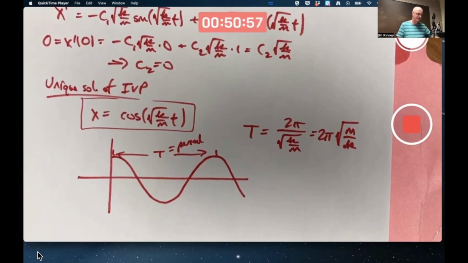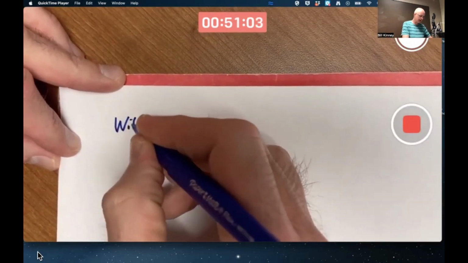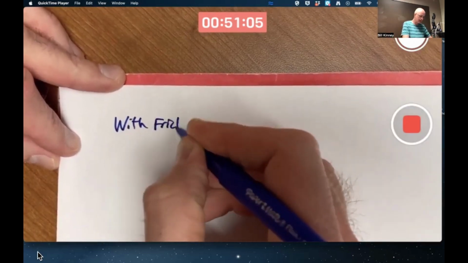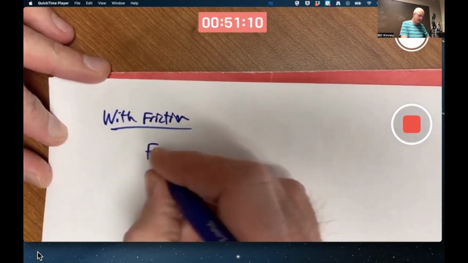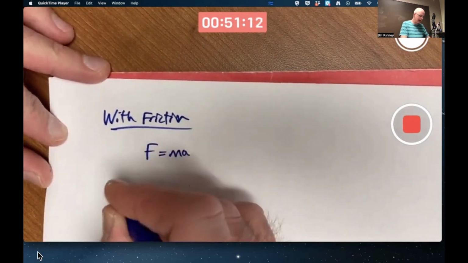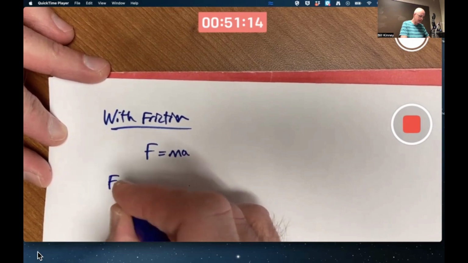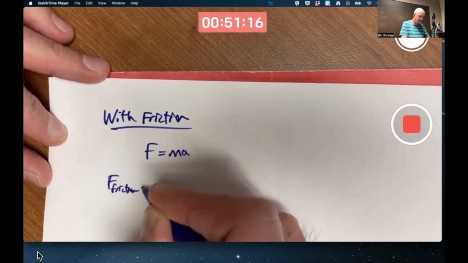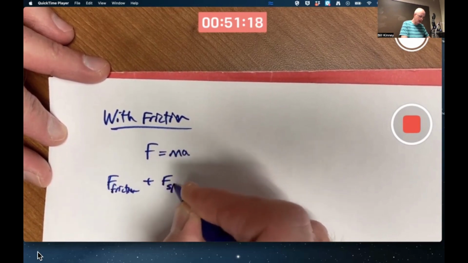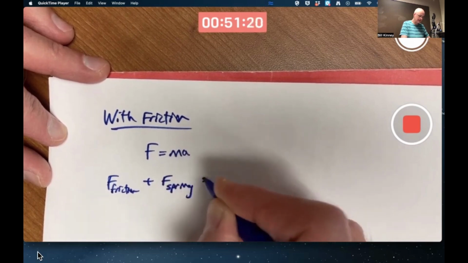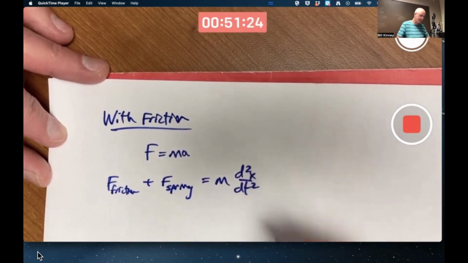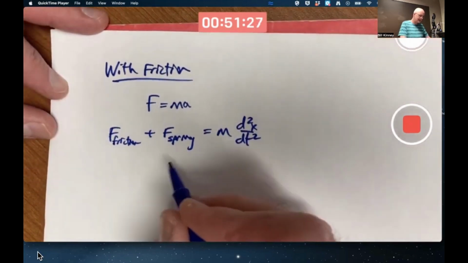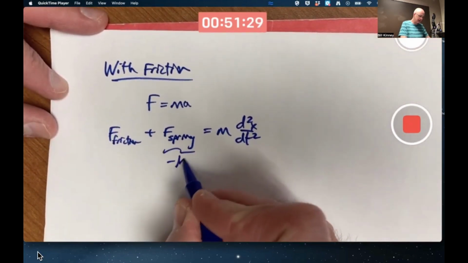What if there's friction? With friction, no vacuum anymore, no ice. F equals ma becomes, now we do have a friction force, but also the spring restoring force. The acceleration is still the second derivative with respect to time. As before, the spring force is negative kx.